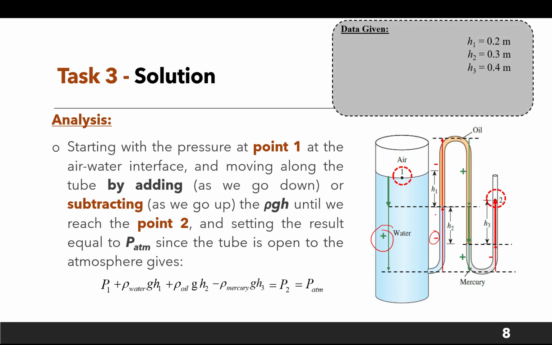Now we know our data to be this, right? So we can easily compute these things. In the case where we are not given the specific weight and we have the densities, we can just go ahead and work with them. In some books, they will just give you the specific weight, the gamma. You need to know how to play with them.